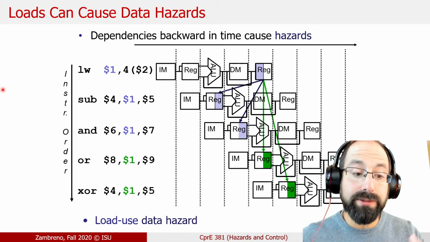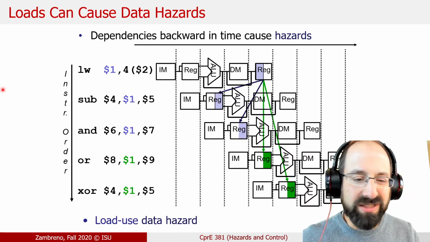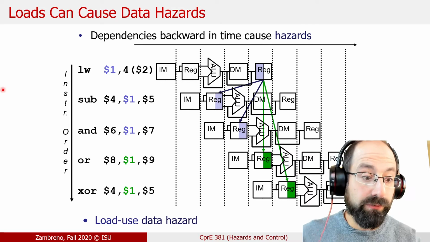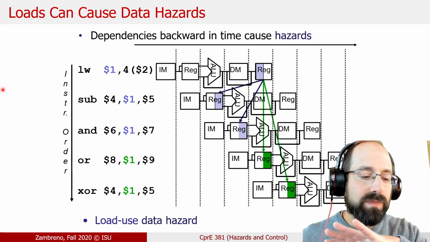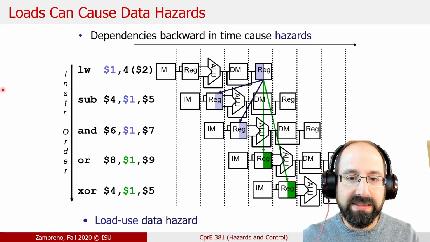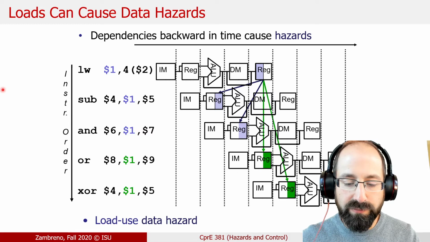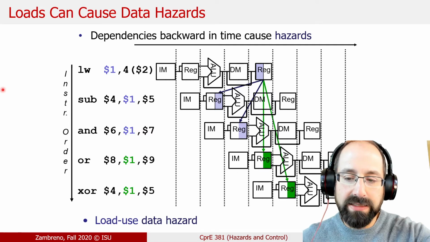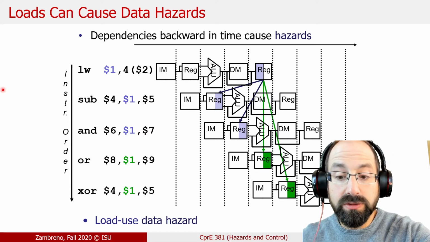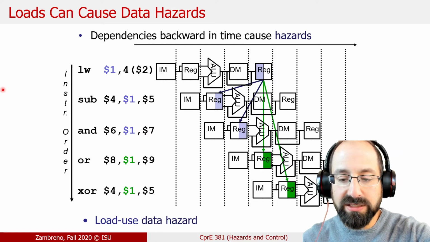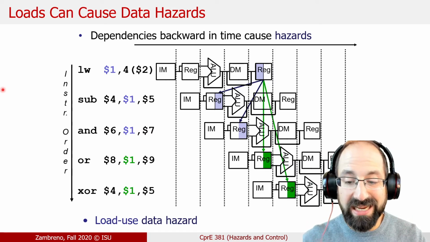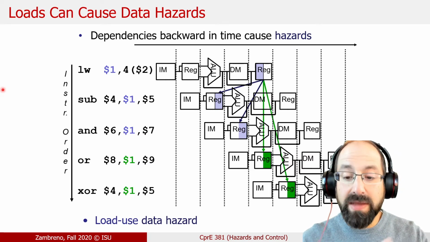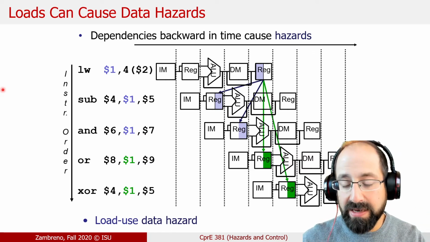Well, the load word is writing to the register file, but it has to do more work first before it gets that result to write back to the register file. So it is the same type of read after write data dependency, and ultimately, it's just going to be a special case in terms of how we prevent it. That's the so-called load use data hazard. But it's not fundamentally different. It's the same type of data dependency.